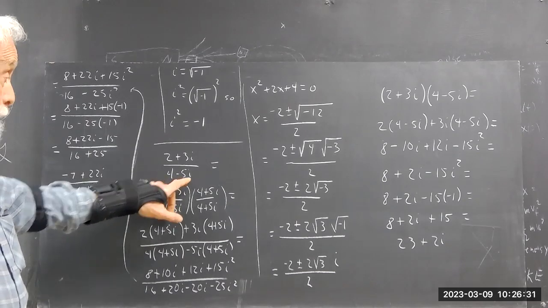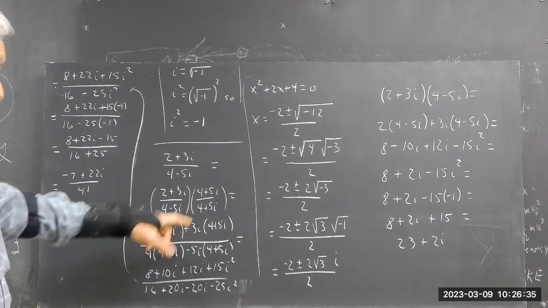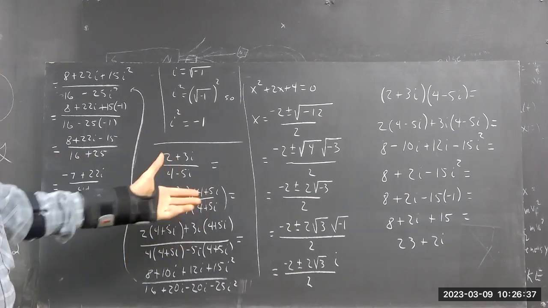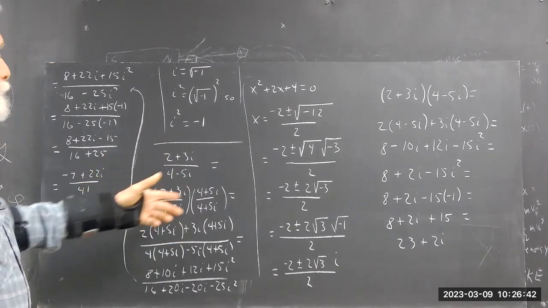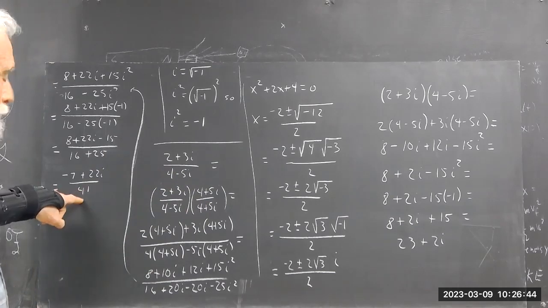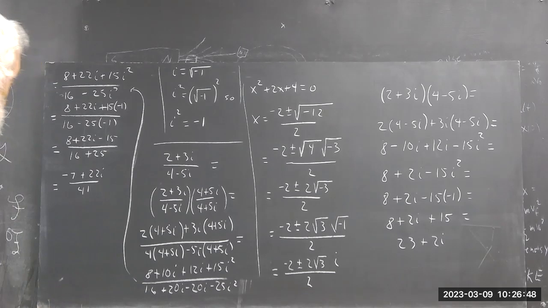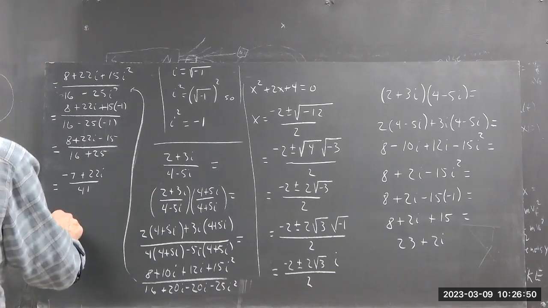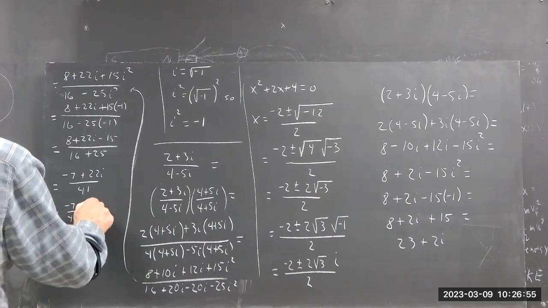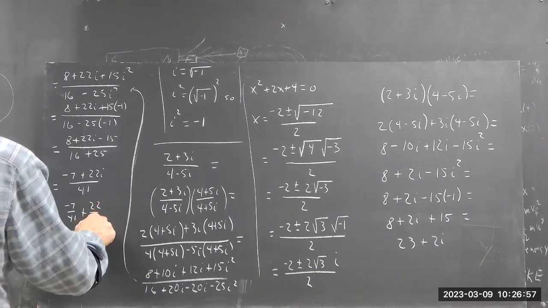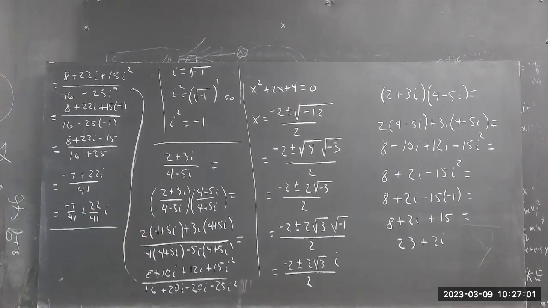Of course, that's changed the numerator because this is how we change denominators. So we chose to change the denominator to something that was just a real number. And now we can write this as -7 over 41 plus 22 over 41 times i.